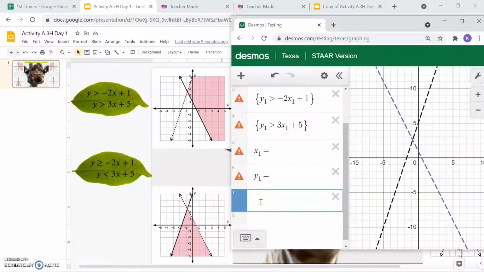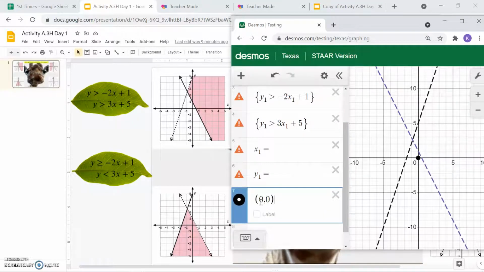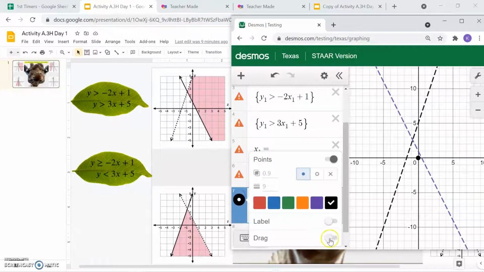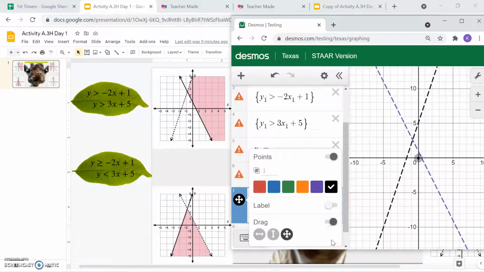I'm going to start off with the point 0, 0, and you're going to click on number 7 and make it a draggable point. I'm just going to make it purple. Doesn't matter what color you pick.